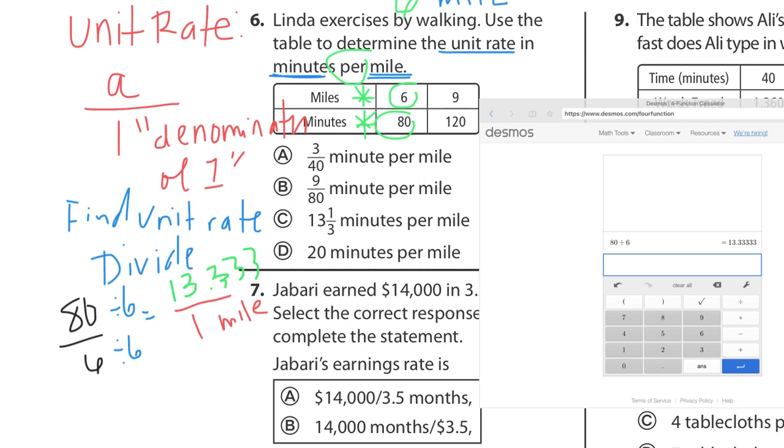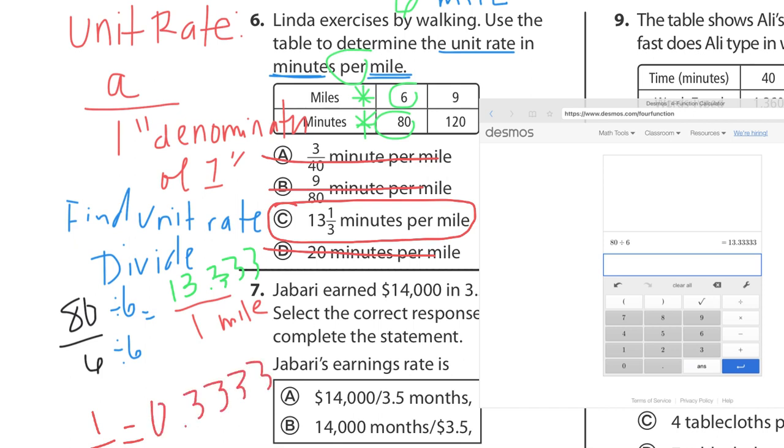So the only one that can give me 13.3 is, let's see, it's not 3 over 40, it's not 9 over 80, it's not 20 minutes. It would have to be 13 1/3. Because 1/3 is actually 0.3333, which is what we have here with the whole number 13. Okay, now do the rest of the problems.